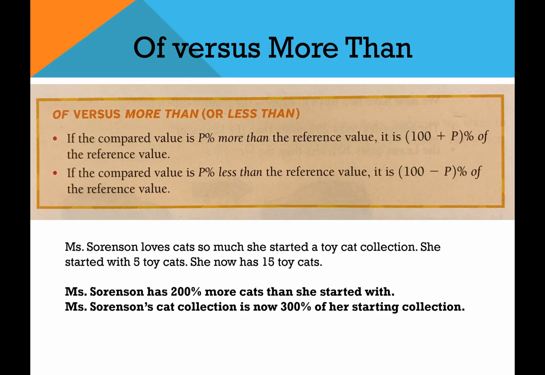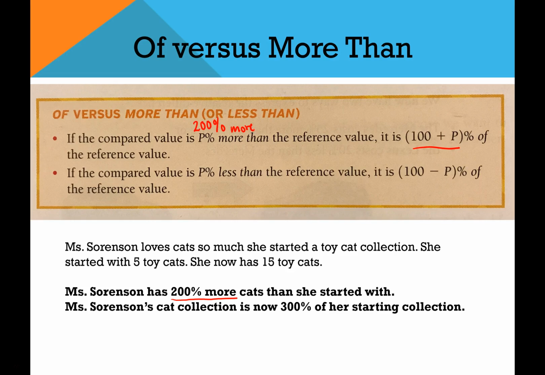All right, welcome back. So the first one says if the compared value is p% more than the reference value, then we can easily convert it into percent of by just taking that percent more than, whatever number it says here, and adding 100 to it. So for example, let's look at this one. We have 200% more than.